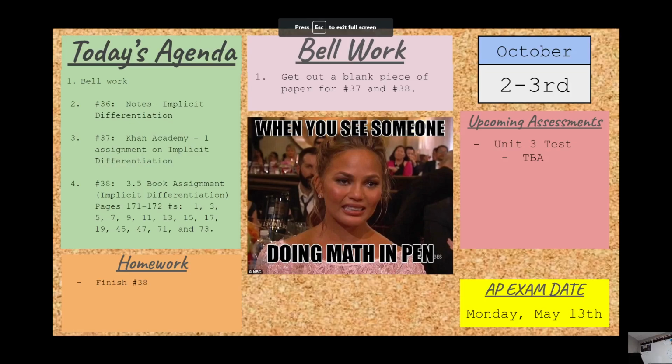So I'm solving for the derivative of this. Now that I have the derivative, I just plug this in. Everywhere there's an x, plug in 0, and everywhere there's a y, plug in -1.